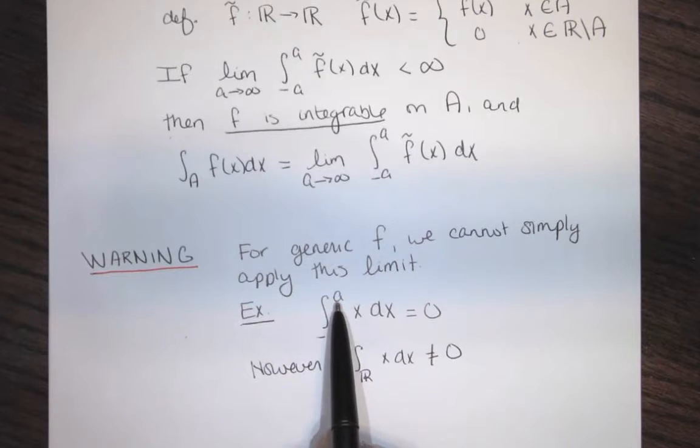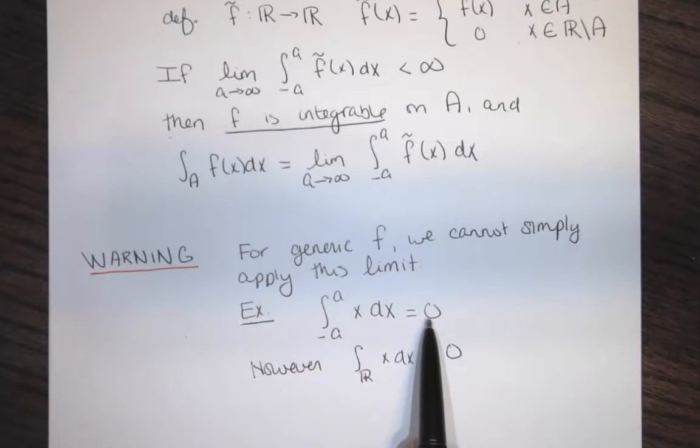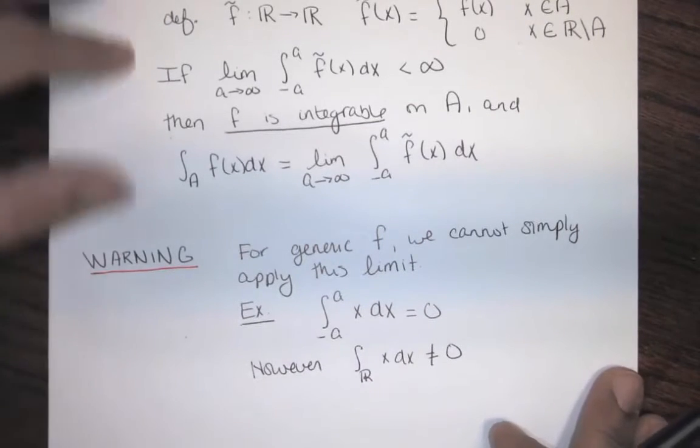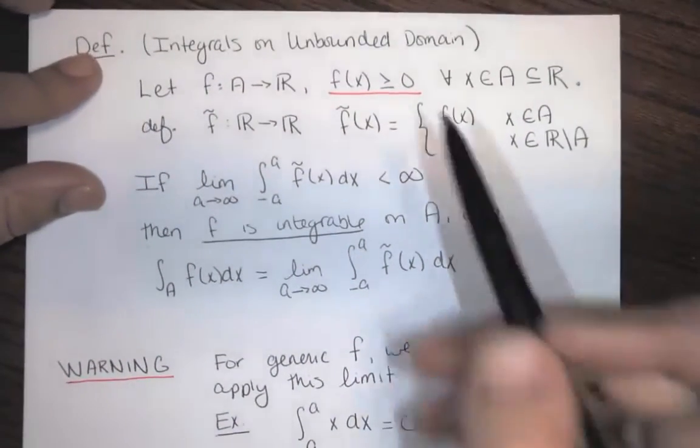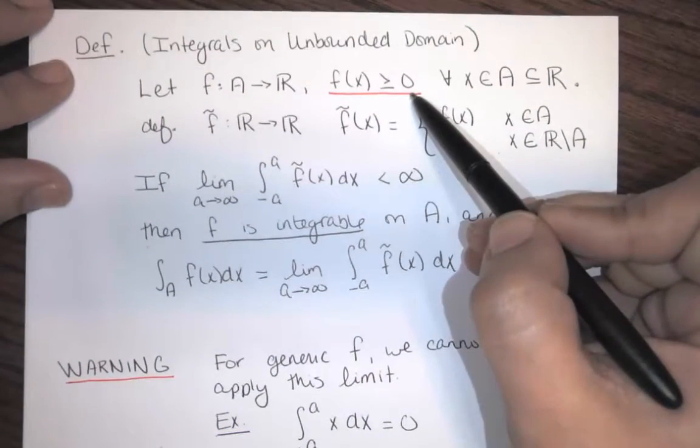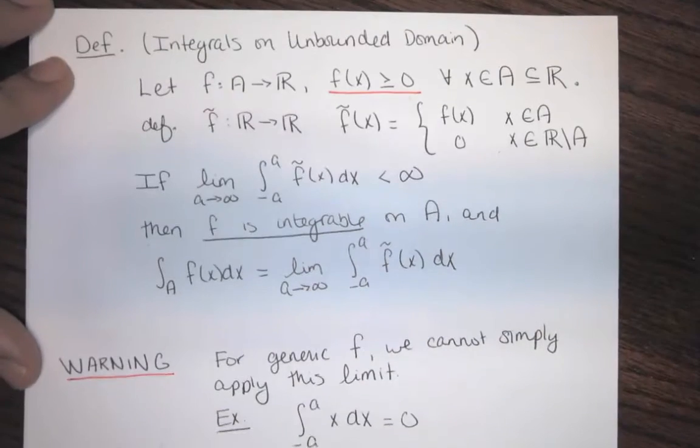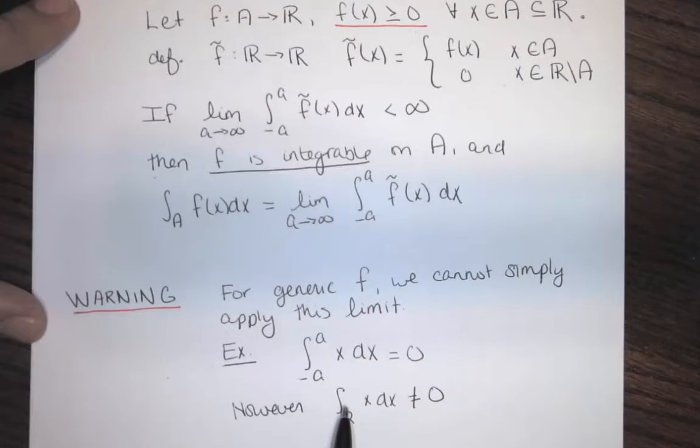Specifically because if the upper limit were to go faster to infinity than this, then we would actually get infinity here. That's why it's crucial that this definition only apply to non-negative functions, so we don't get this cancellation.